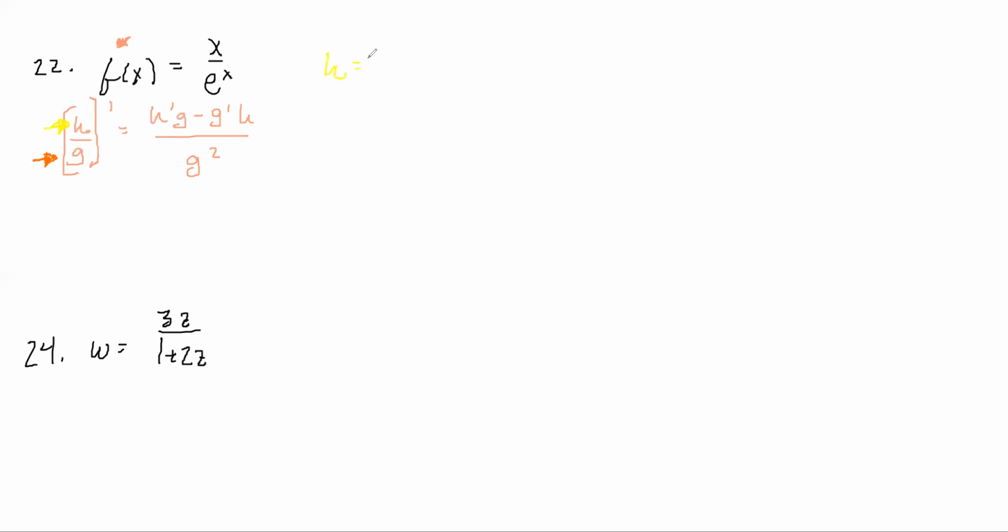So I'm going to say h is equal to x, because h is on top, and g is going to be equal to e to the x, g prime is equal to e to the x, and h prime is equal to 1.